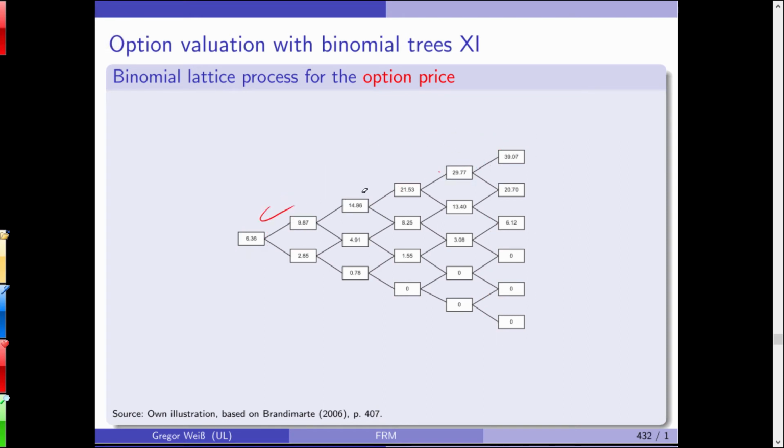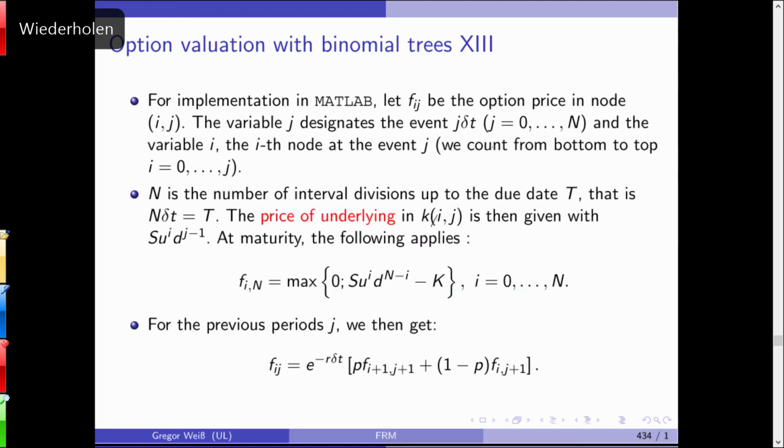So this is i equal to 1, i equal to 2, i equal to 3, i equal to 4, and this is j1, j2, j3, and so on. And we count from bottom to top. I've done it the wrong way, obviously.